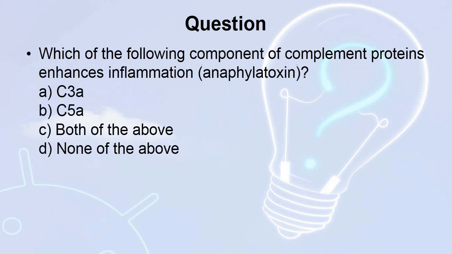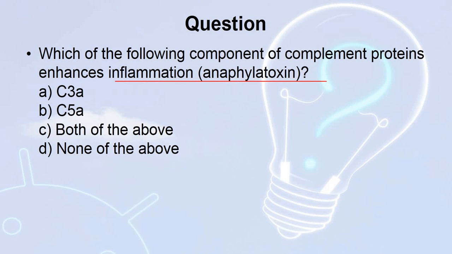Which of the following components of complement protein enhances inflammation? I just talked, it is a potent anaphylatoxin. This is a bit tricky because most potent, I want the best answer out of many. It is a uniselect, not multiselect, or it can be a multiselect also.